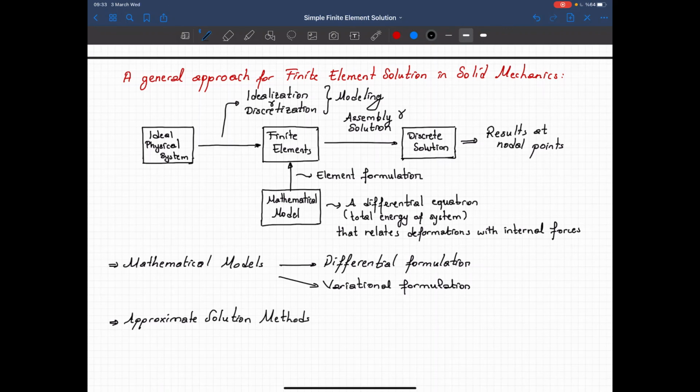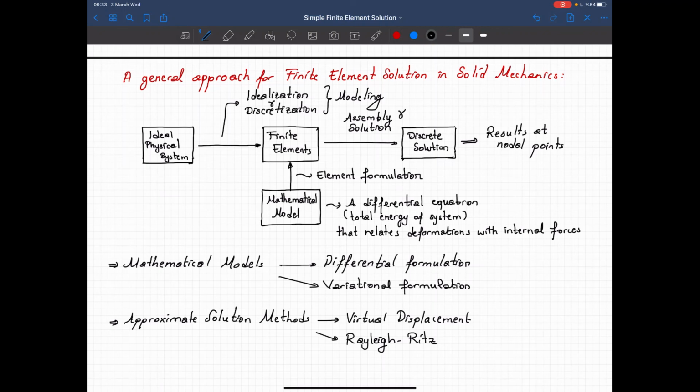So the ones that we will spend some time on are the virtual displacements and Rayleigh-Ritz method, and here we will see that we can perform solution only for a single continuous element.